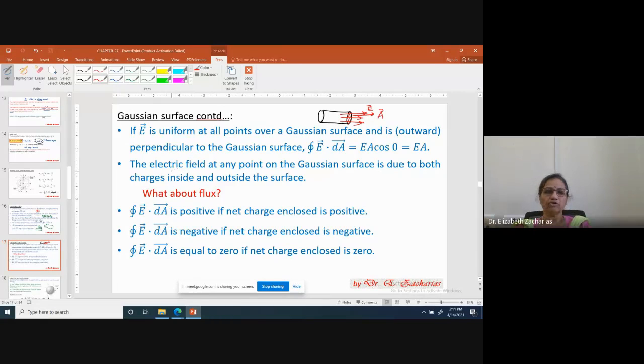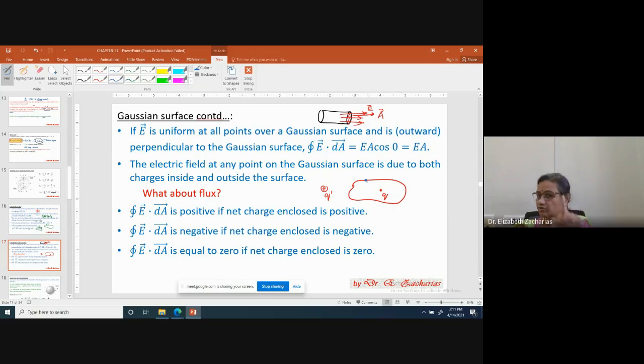Another very important thing you have to remember is that, let us say I have a charge Q prime here. I have my Gaussian surface here. I have a charge Q here. Now, very important thing that you should remember is that at any point on the Gaussian surface, electric field will be because of both of them.